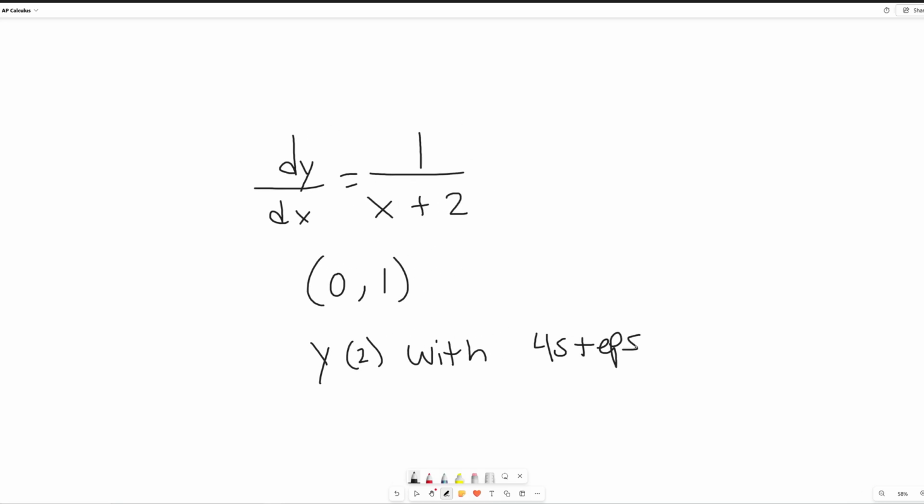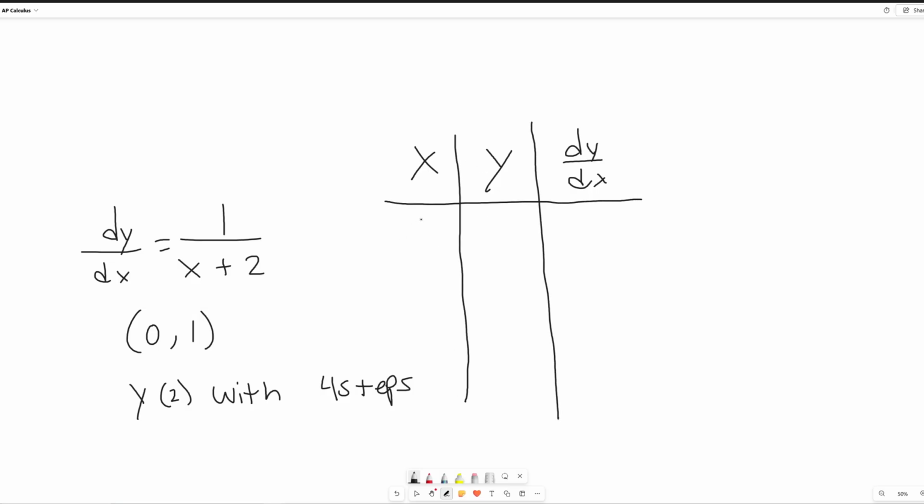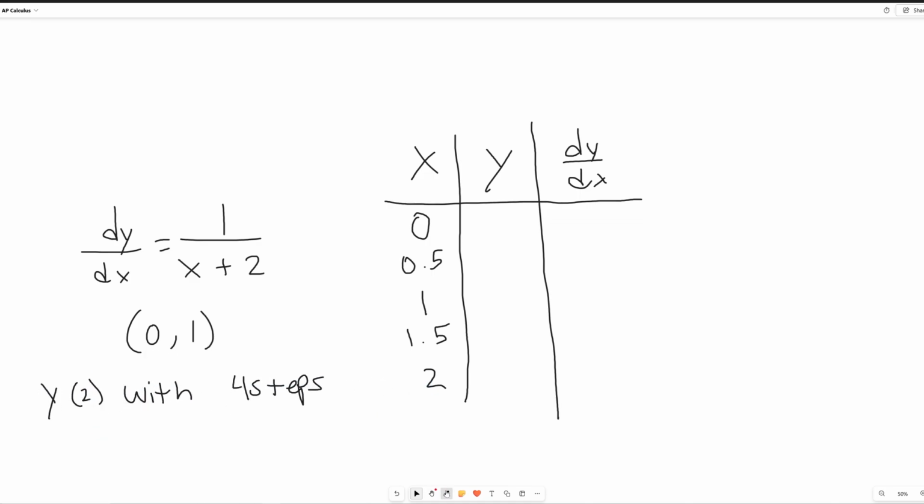So this is going to be quite a long and annoying one. So, as always, make your chart. This will be helpful. 0, 0.5, 1, 1.5, 2. And I'm going to move this over to here. So, okay. At 0, we know it's 1.